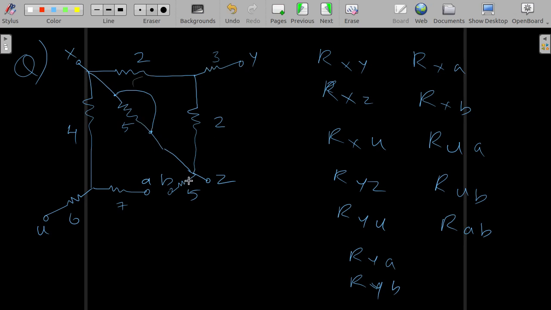But current won't flow through this path, because current always requires a closed path to flow. These are open paths. So again, current won't flow through this path, and current won't flow through this path. So effectively, to find R_XY, we only have to consider this much, right?